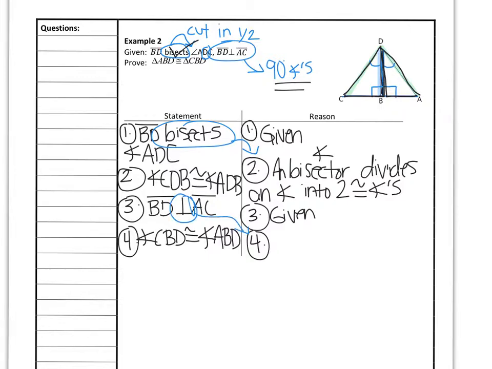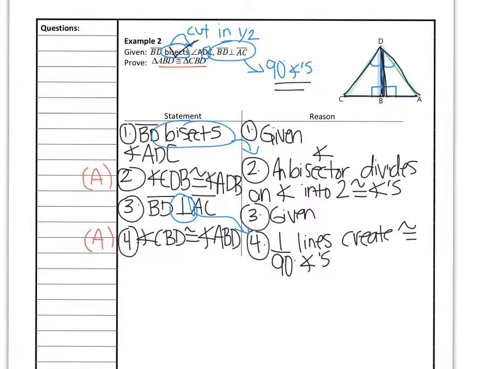So I'm going to define what our perpendicular property was there. Perpendicular lines create congruent, what kind of angles? Specifically 90-degree angles. Okay? So far off to the side, do I have enough to prove my triangles are congruent right here? Well, let's see. I have a pair of congruent angles from the angle bisector, and I have a pair of congruent 90-degree angles from our perpendicular lines.